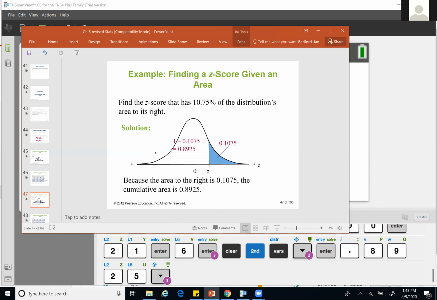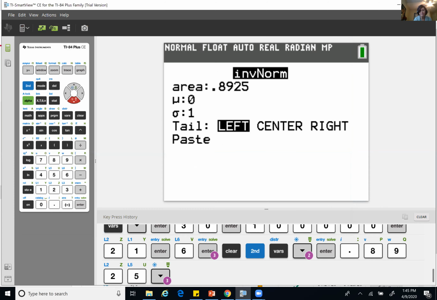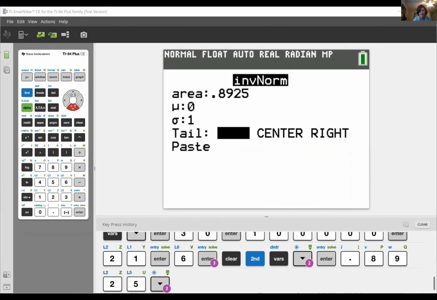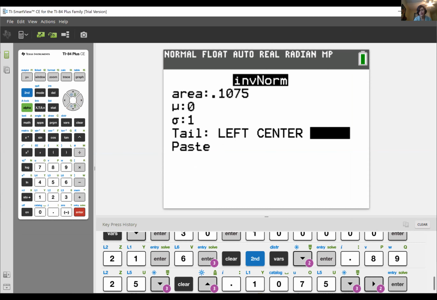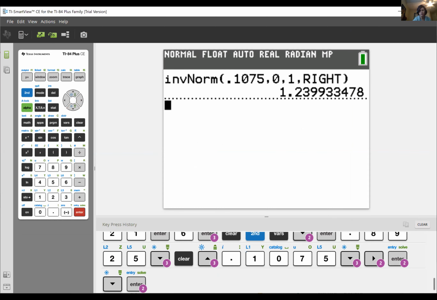The right. If I go back to the calculator, they've updated their operating system from the one that I've had, and what they are letting you do now is actually put in the area 0.1075 for the shaded region, and then you can tell the calculator this is actually a right tail graph. That's the area that shows up in the right tail, and you don't even have to subtract it from 1 anymore. How cool is that?